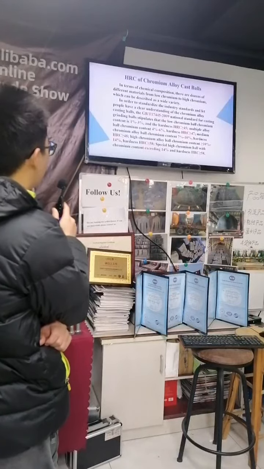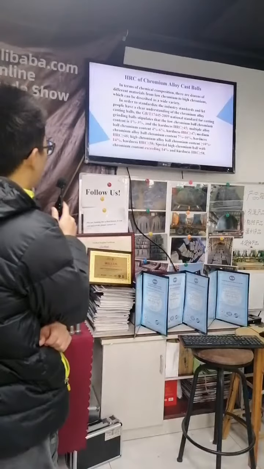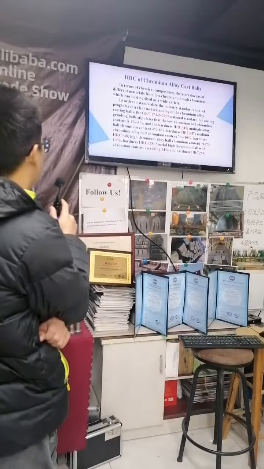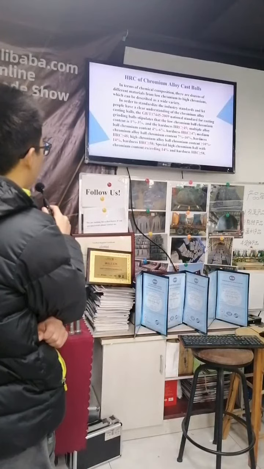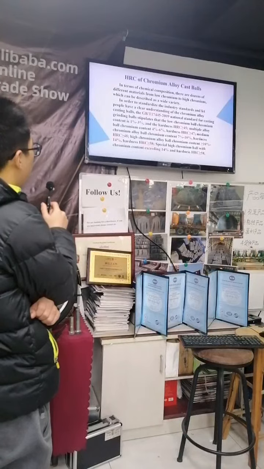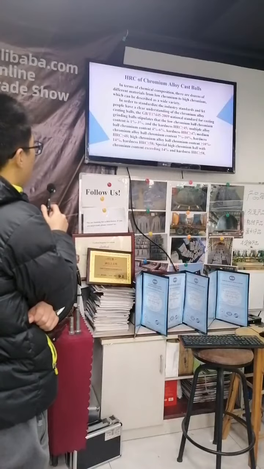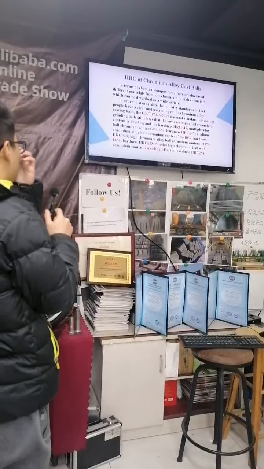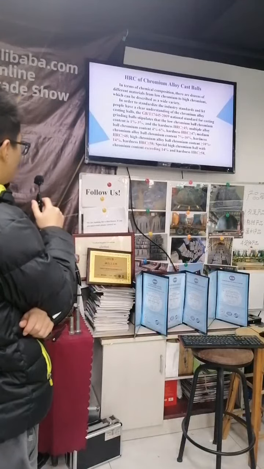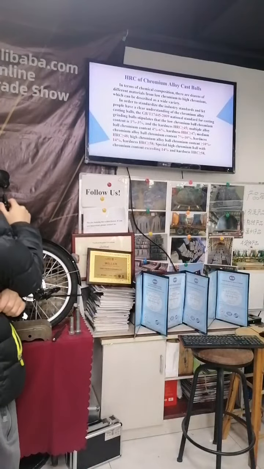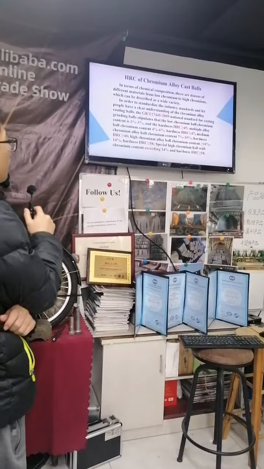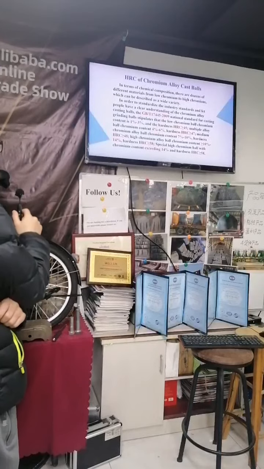In order to standardize the industry and let people have a clear understanding of chromium alloy casting balls, the GB/T 17445-2009 National Standard for Casting Grinding Balls stipulates that low chromium alloy chromium content is 1% to 3%, and the hardness HRC is more than 45.